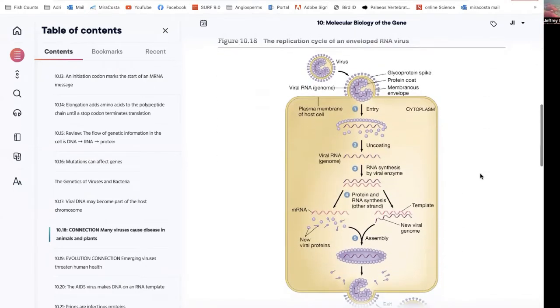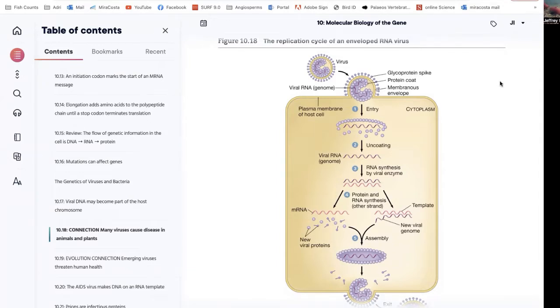The main concept here is that with viruses, we really don't have any parts of a cell apart from some very rudimentary things that make it mildly biologically similar. You have a genome, an RNA genome like what's shown in this diagram.